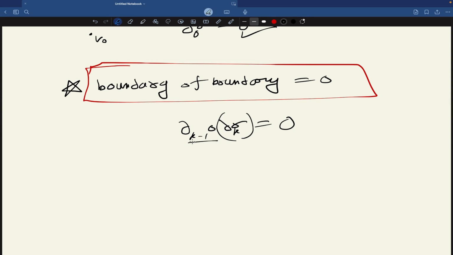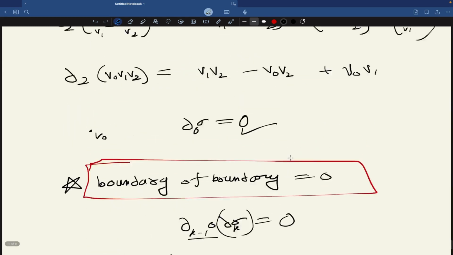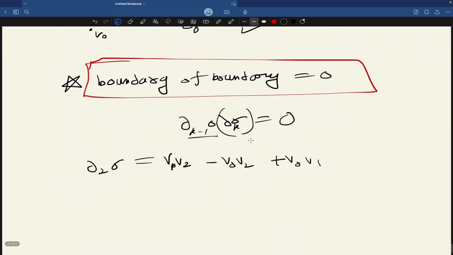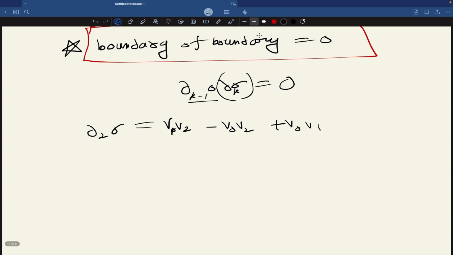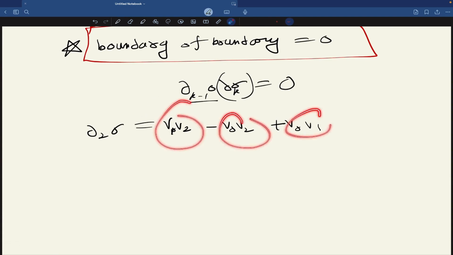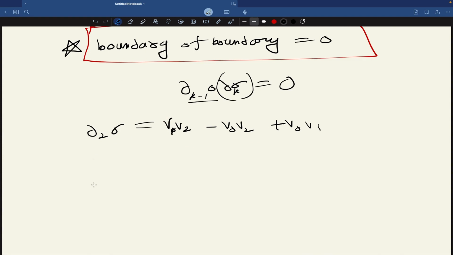Okay, let's take an example where I have del 2. So del 2 of sigma of v0, v1 and v2, we have already computed above, is v1 v2 minus v0 v2 plus v0 v1, right? That's what we have computed here. So if I again apply boundary on it, we know that it is of dimension 1, dimension 1, dimension 1. So let's apply the boundary operator again on it.